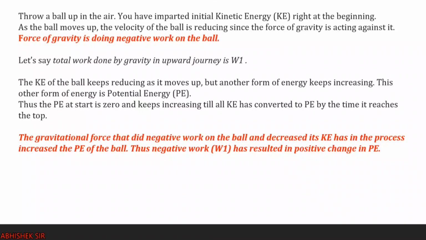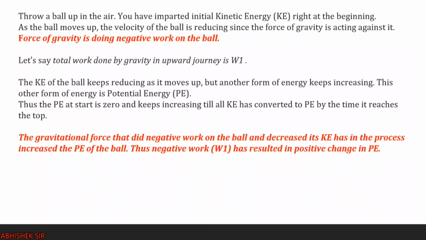Three things you have to note. While the ball was moving upward, there was a decrease in kinetic energy, and that was due to gravitational force. That means gravitational force is the enemy of kinetic energy. But what happened to potential energy? Due to this gravitational force work, the potential energy was increasing.